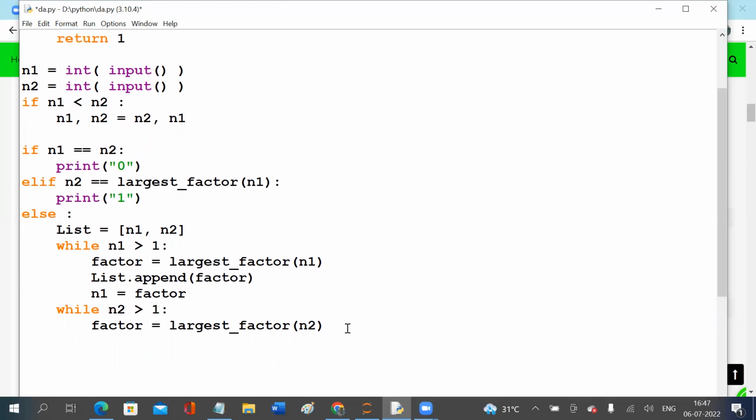To eliminate common factors, if this factor is not in the list, then only append this factor to the list, to consider common factors only once. And then your n2 will be the factor.